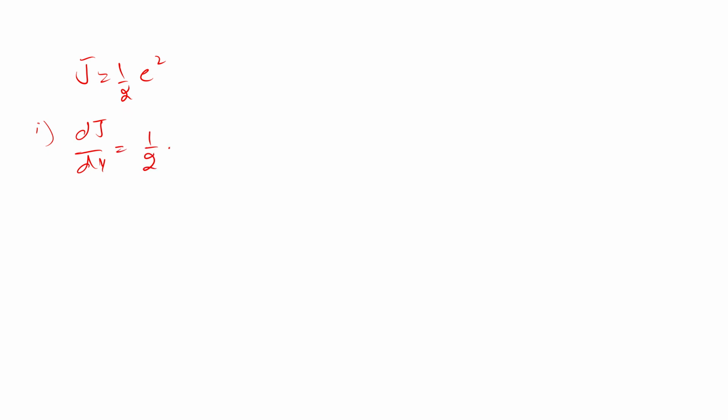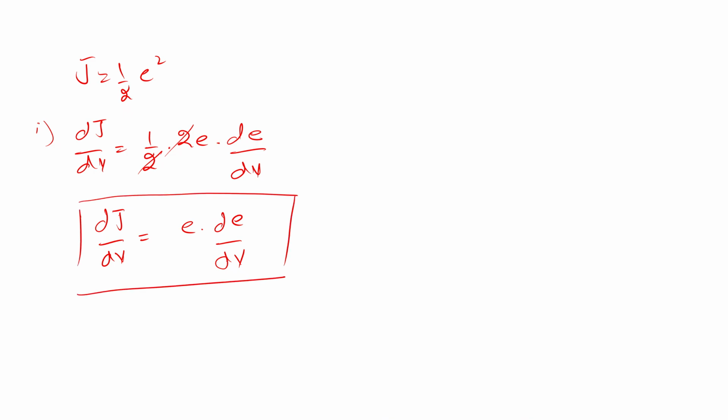The derivative of e square will be 2e, and then the derivative of e with respect to v. This 2 and this 2 will cancel out. So the derivative of the loss function with respect to output weights will be e times dE by dV, right?